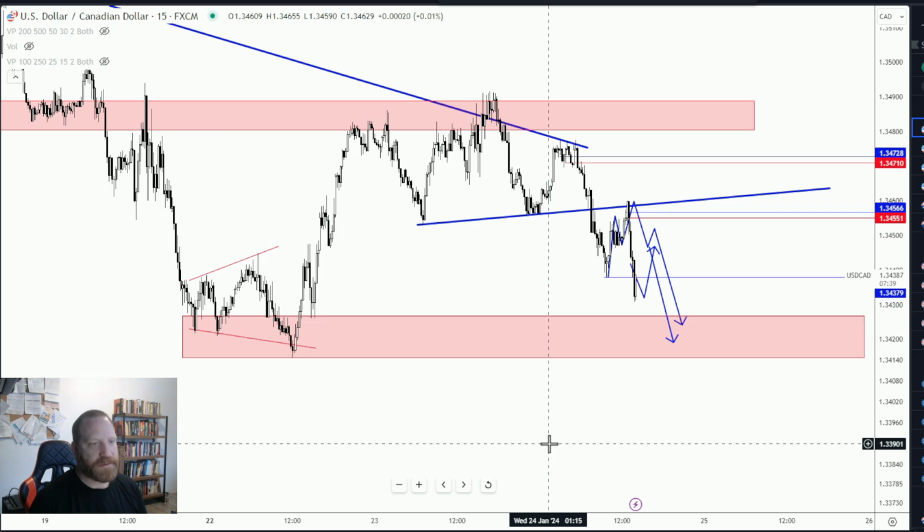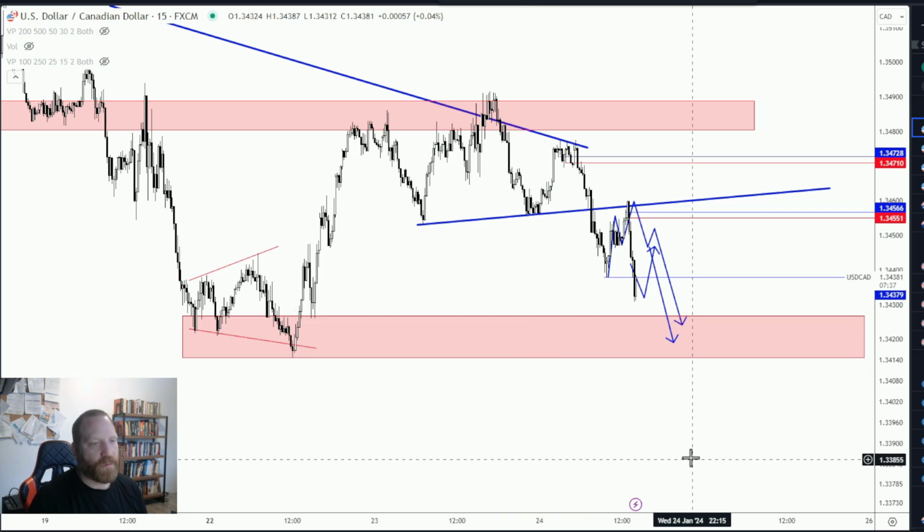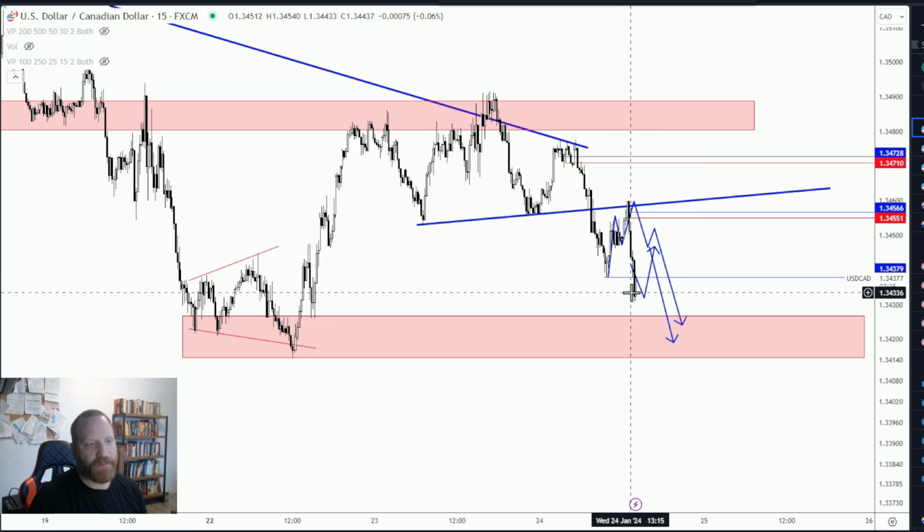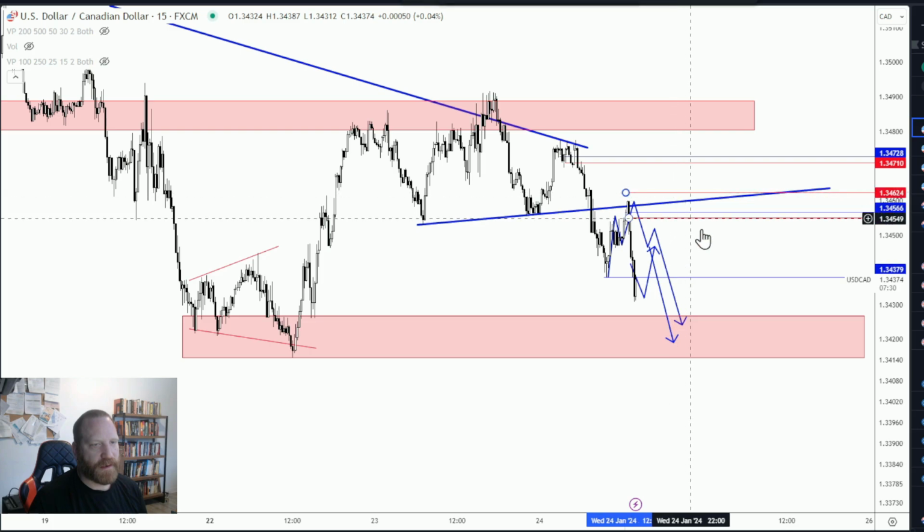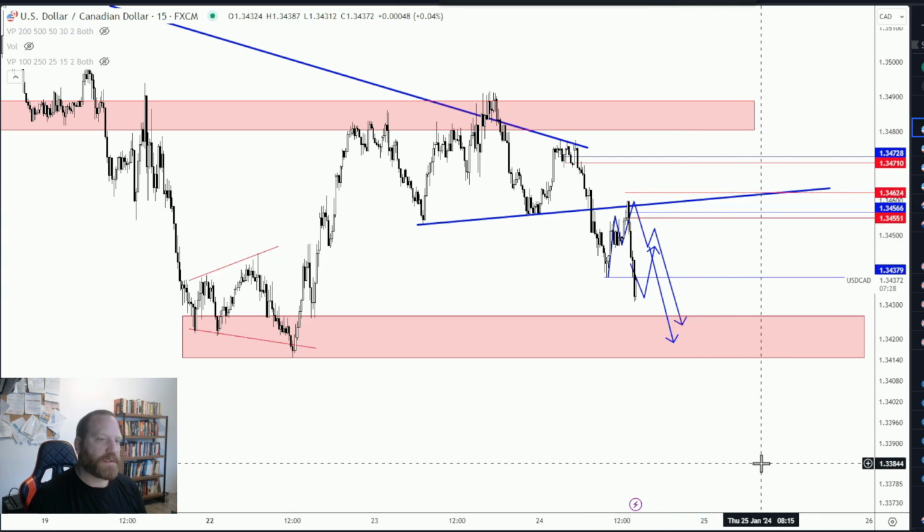I'm going to let my position move in my direction. Oh, and by the way, the stop from this position is a bit higher than this high over here. So right now I have two positions that are risk-free, one position that has a bit of risk on it, but not too much. And now I'm going to give them space to breathe.